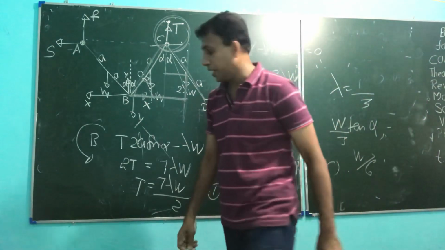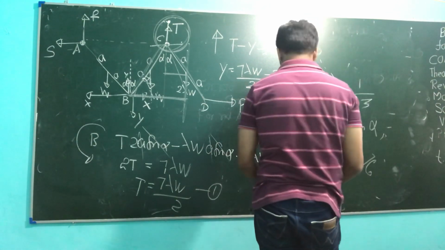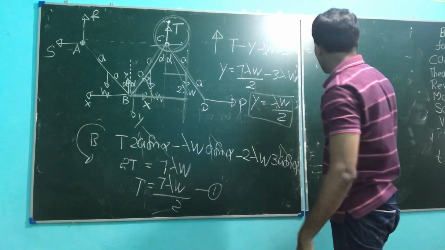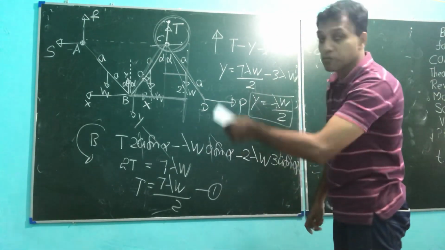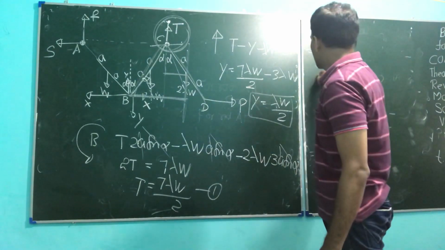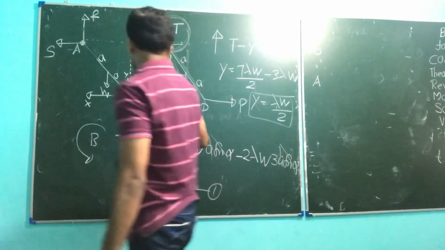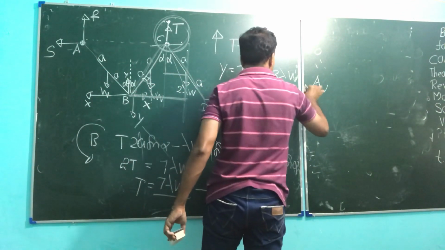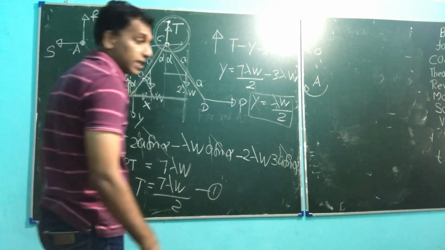Next, write for rod AB, take moments about A. So this direction is X, this side force is X. X into what?